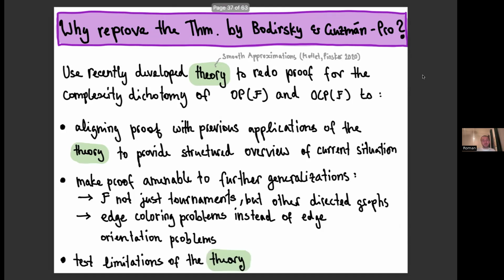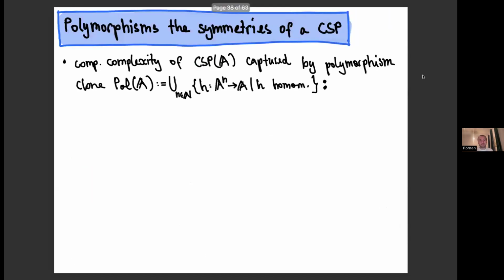Okay. And the previous examples that were proved using the smooth approximations were reducts of very easy structures. And this would be one of the harder structures to which this theory of smooth approximations has been applied to this day.